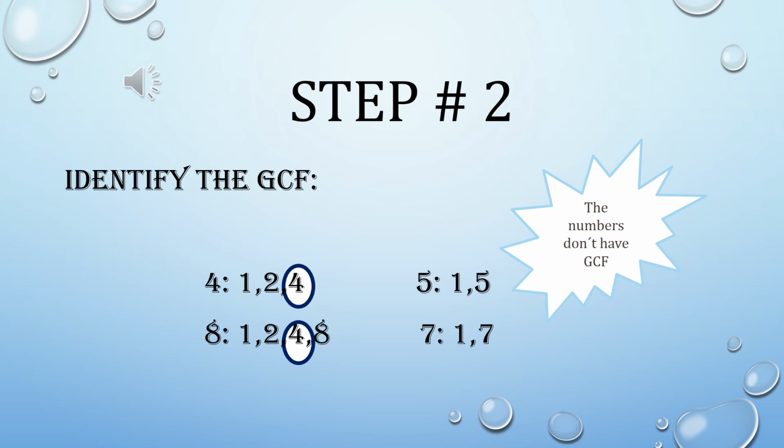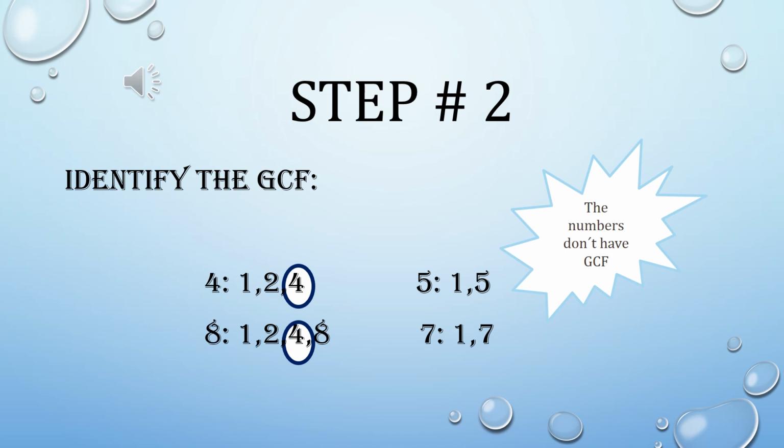Remember that our GCF, we look for it with factors, the numbers that make up 4 and the numbers that make up 8. The number in common between 4 and 8 is 4. 5 and 7 don't have a greatest common factor, so you're not going to simplify it.